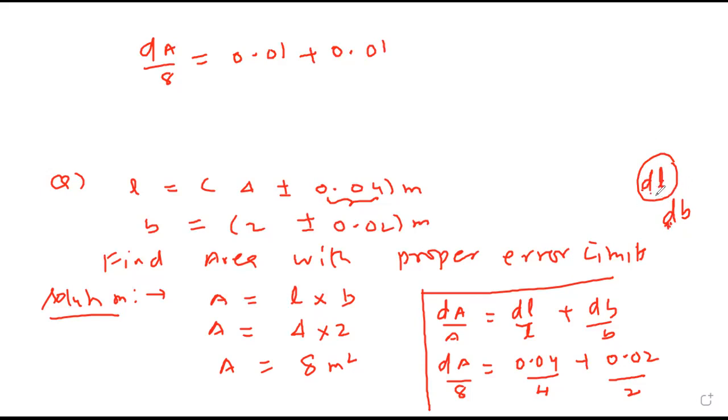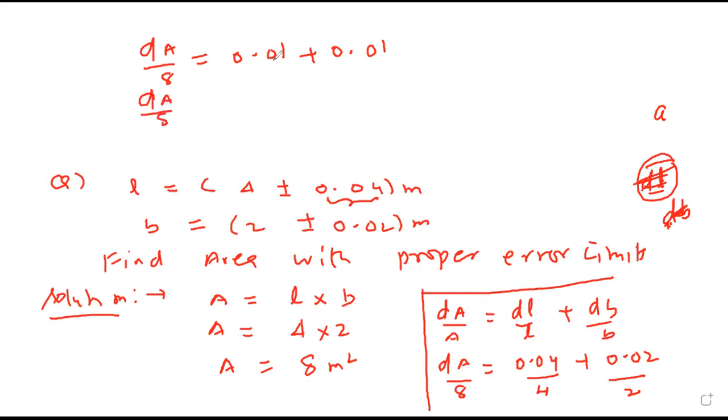It is notation, like suppose I write A, it doesn't mean it is area. So same way here, dL is error in length, dB is error in B, dA is error in A. So d indicates small change, that is nothing but error. Okay, sir. Understood.